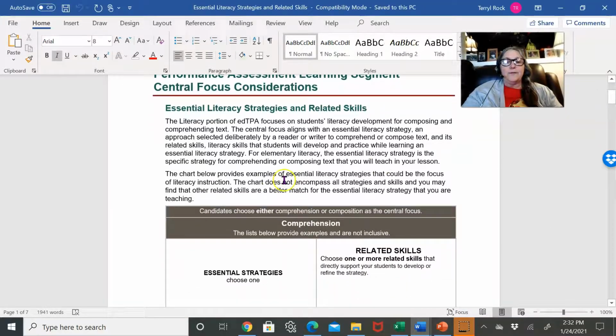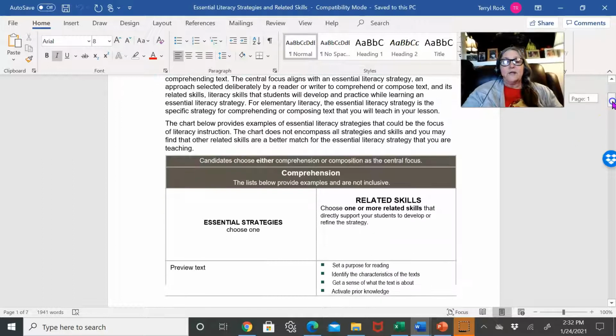You find out that your central focus for you literacy folks is going to be either comprehension or composition. So if you're choosing comprehension, then you're going to look through the essential literacy strategies in this left-hand column and then the related skills in the right-hand column.